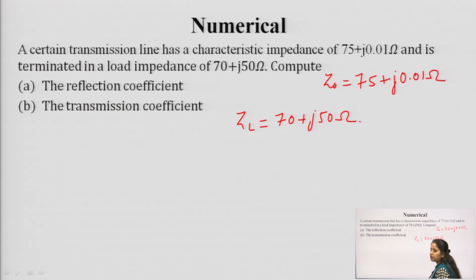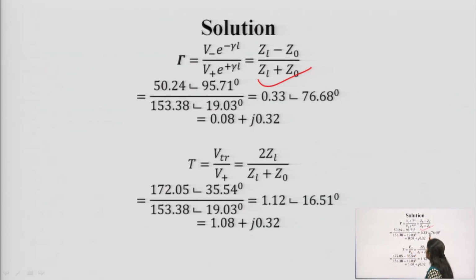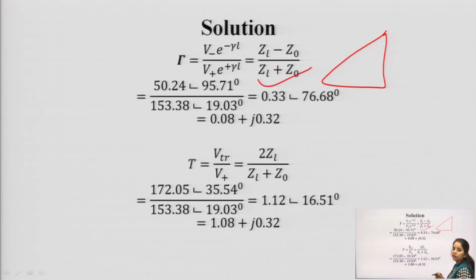So when we substitute the value, ZL is 70 plus j 50 ohm, and by substituting the value and changing it into the phasor form, we have the result in the form of real and imaginary parts. We all know that the real part comes here, the imaginary part here, the angle here, and the impedance magnitude here.